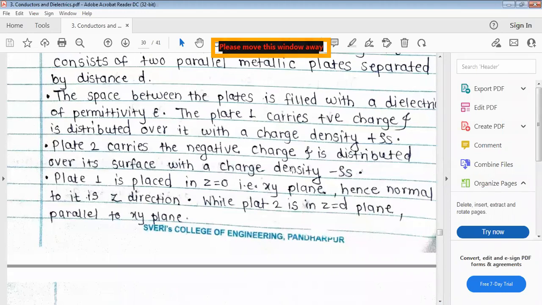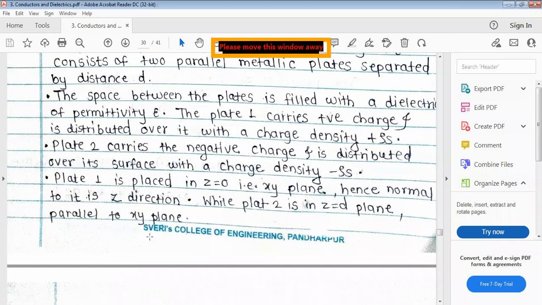Different surface charge densities are there, and plate 1 is placed at z is equal to 0, that is the xy plane. Z is equal to 0 means it is the xy plane, and hence the normal to it is in the z direction, perpendicular, because this is in the x and y plane.